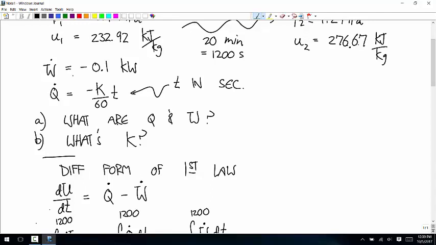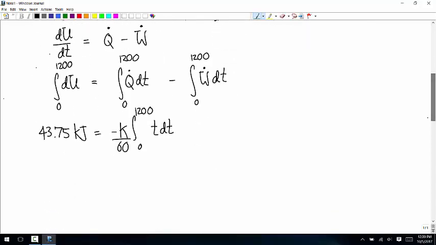And W dot is negative 0.1, double negative, so we have plus 0.1 integral from 0 to 1200 dt.